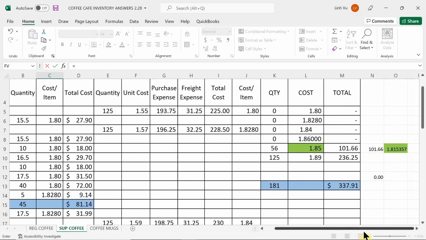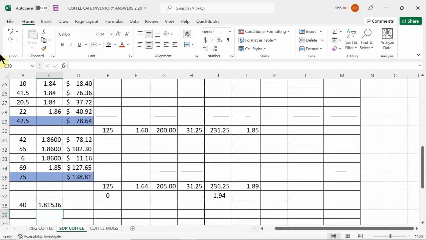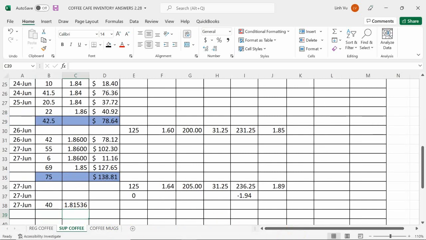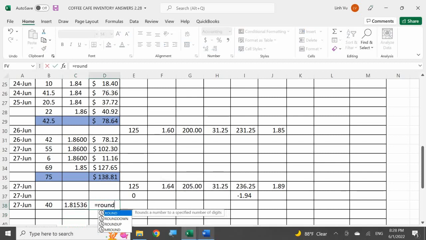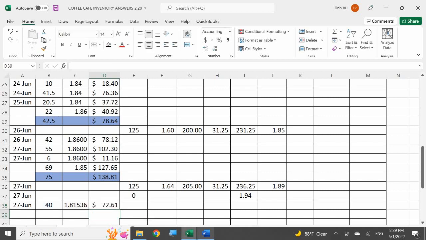So we're looking into using this number here because this is the new calculated cost per item. Okay, so it's going to be that $1.8815.